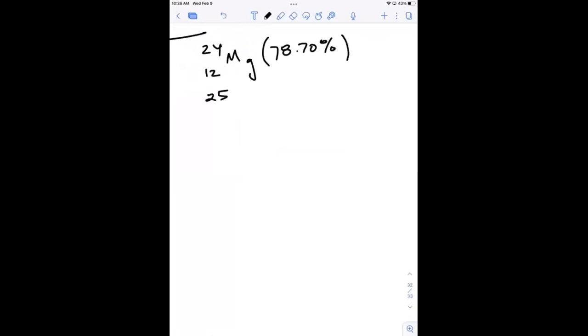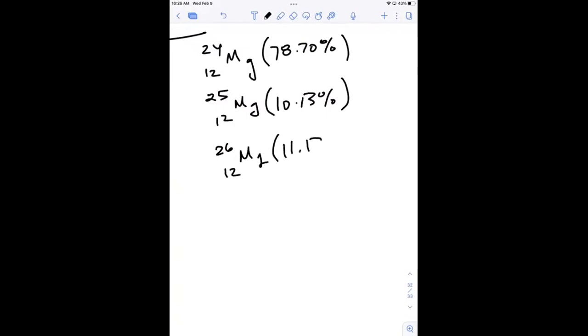You've got magnesium 25, present in 10.13% natural abundance. And then magnesium 26, which is present in 11.17% natural abundance. Keep in mind, anytime you have these fractions, they have to add to 100.